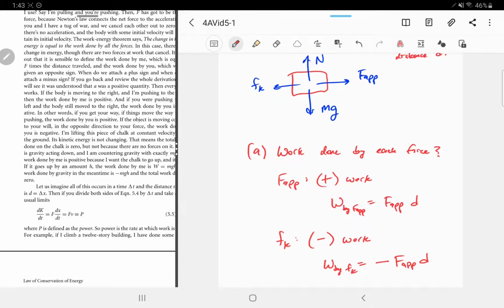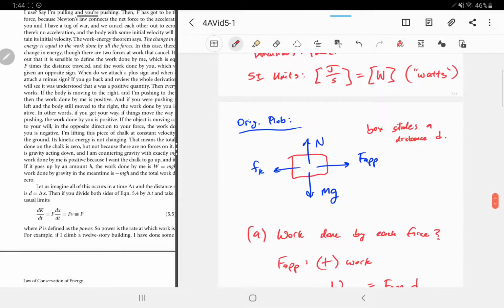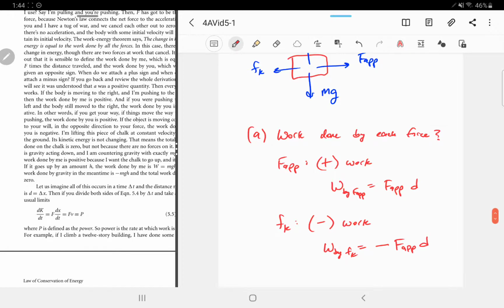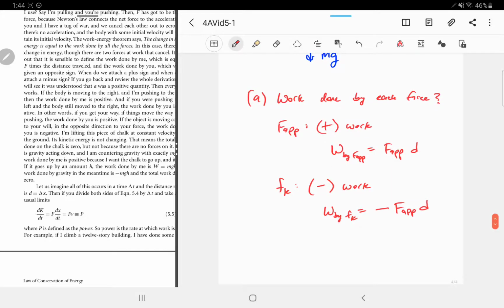It's the magnitude of the frictional force, F applied, times the magnitude of the displacement times the cosine of 180 degrees, which is -1. So friction is taking energy away from the box. You're giving the box energy, but at the same time, the kinetic frictional force is taking that energy away. And for every amount that you give it, the frictional force is taking that away.